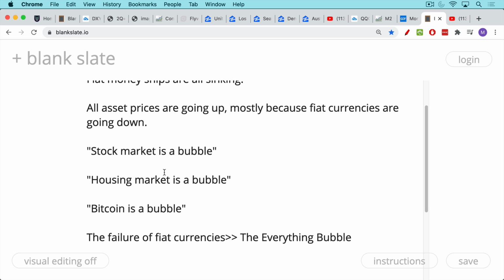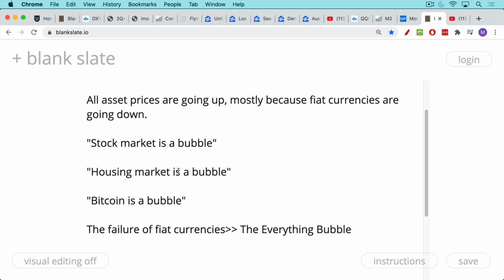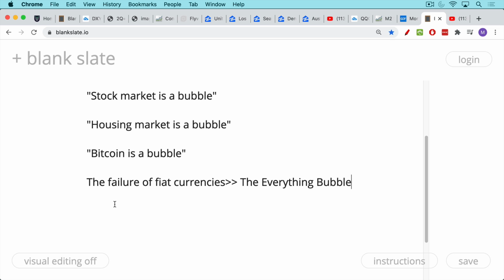And so when you hear people say the stock market's in a bubble and the housing market's in a bubble and Bitcoin's in a bubble, I want you to remember that this is the sign of the failure of the current fiat system, especially the US dollar system as the world reserve currency. When you have fiat currencies losing purchasing power, it makes everything go up, everything that's denominated in those currencies.